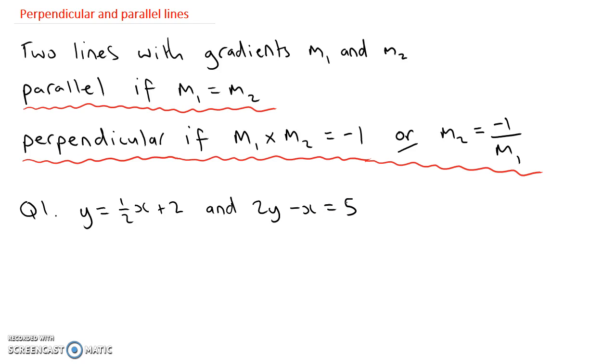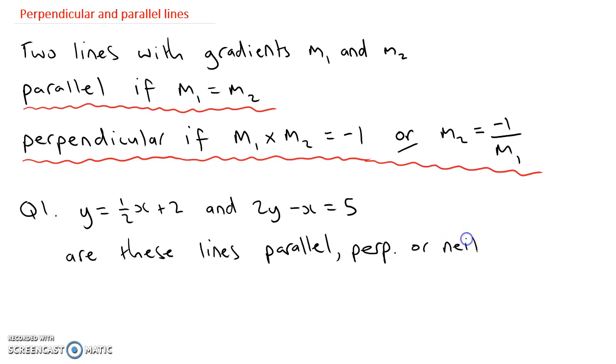And we want to decide whether these two lines are parallel, whether they're perpendicular, or whether they're neither parallel or perpendicular. Are these lines parallel? I'll just abbreviate perpendicular to perp, or neither.